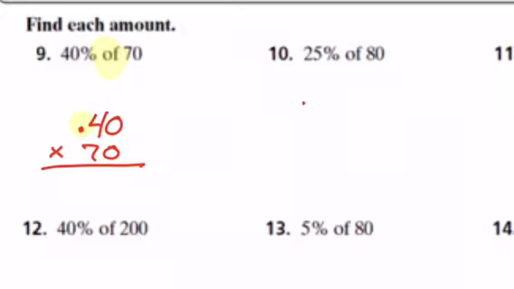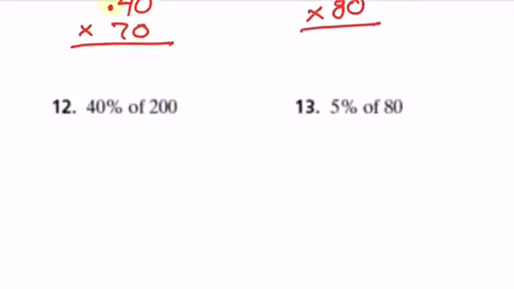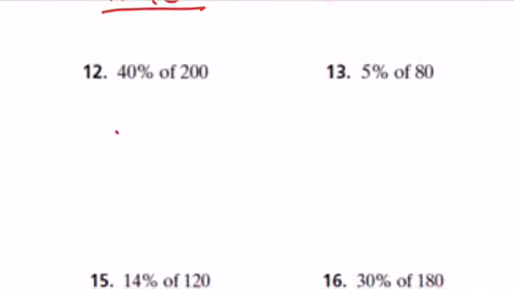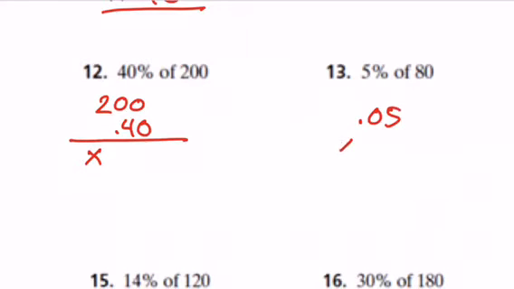Now, 25% of 80. That's all there is to it. You just need to be careful that you're writing the decimal correctly. 40% of, well, I'd put the one with more digits on top, of 200. So these are simply multiplication problems. Just be aware, 5% is 5/100ths. Okay, that should do it for us today.